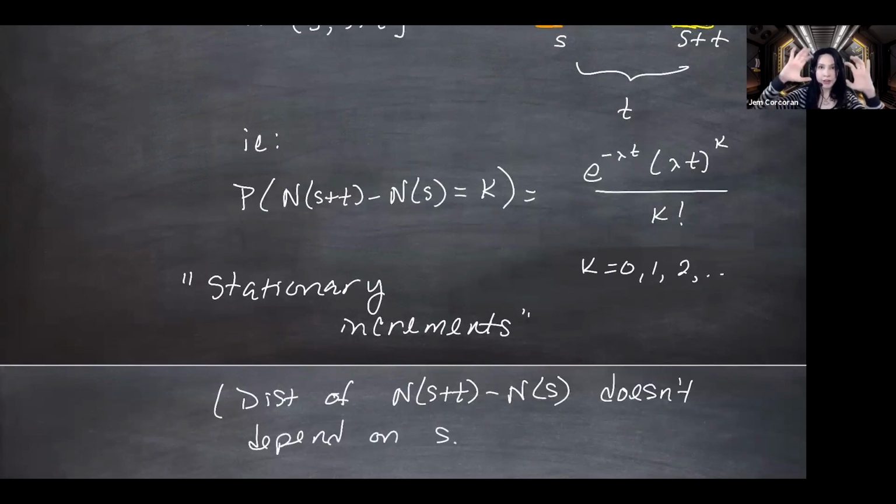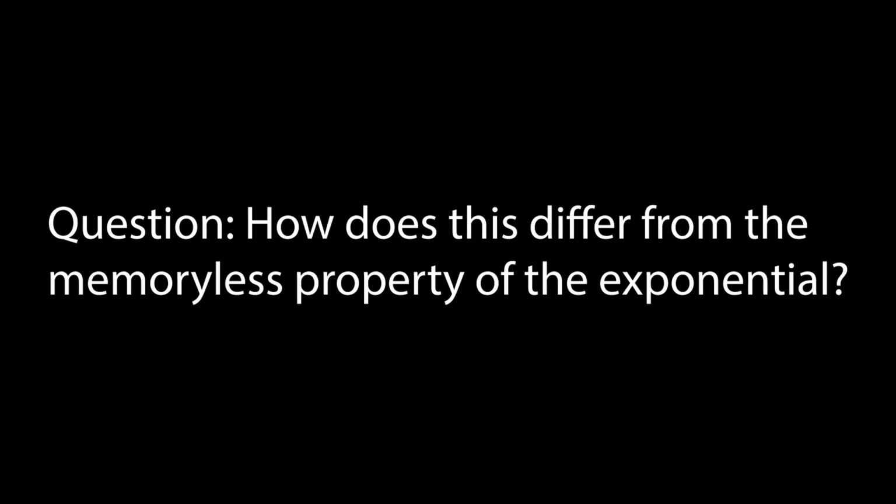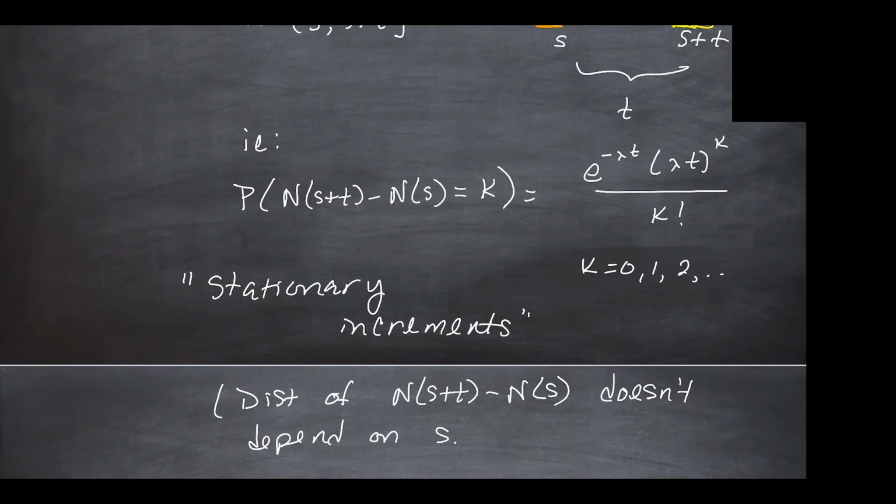So again, picture the interval open at s and closed at s plus t, and you can slide that around. As long as you keep it with length t, you'll have the same distribution for the number of events in that interval.